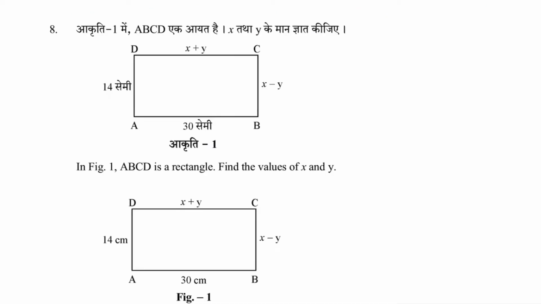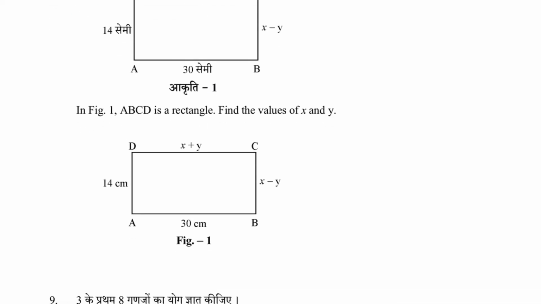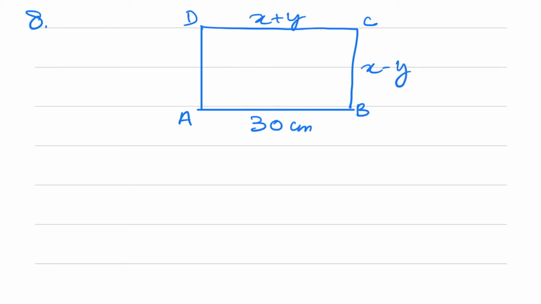Question number 8. In this we have a figure ABCD which is a rectangle, and we have to find the values of x and y. We are given a rectangle ABCD, and we are given AB is 30 centimeters, BC is x minus y, CD is x plus y, and DA is 14 centimeters.